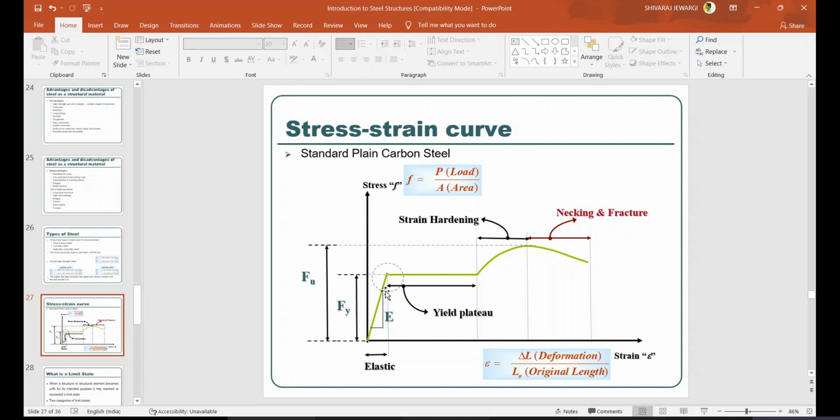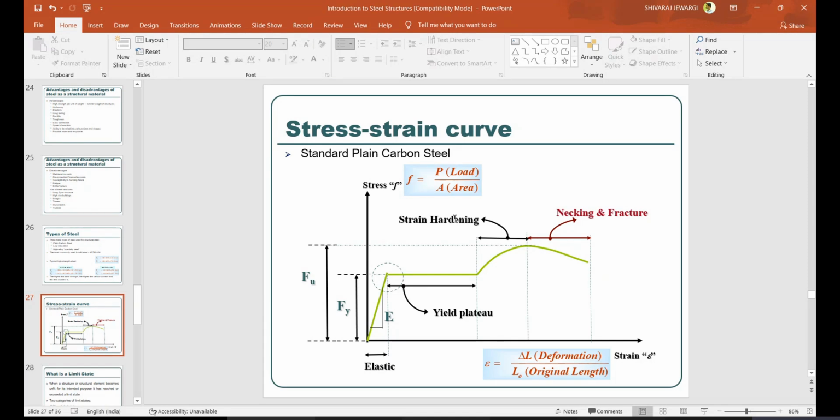But after this point, if you remove the load, the material remains deformed at this stage, whatever value it gained. That is called plastic deformation. When subjected to further loading, it reaches a maximum ultimate load point, and then leads to failure at the breaking point. So that is a glance at the stress strain curve for mild steel.